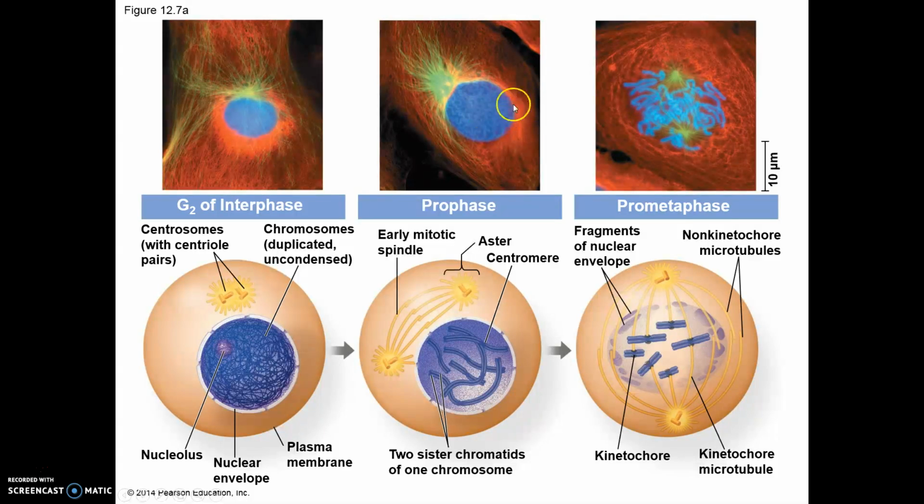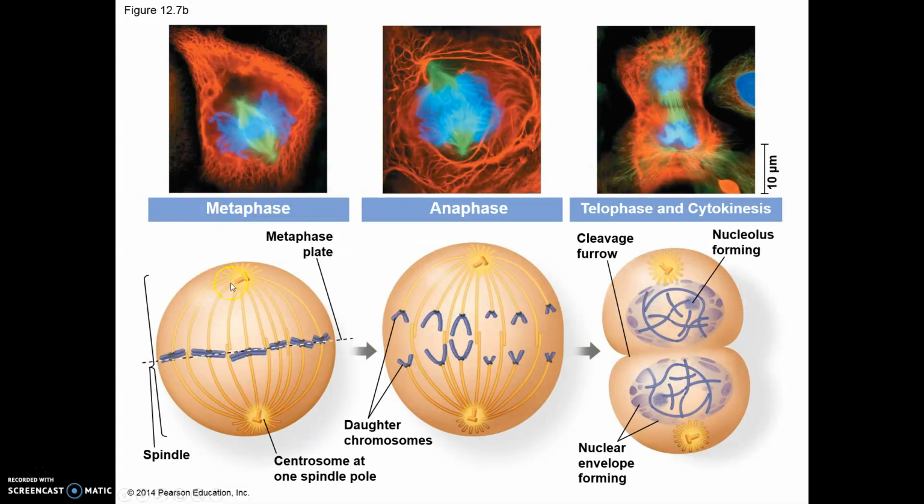Prometaphase, we have lost the nucleus and the DNA is moving closer towards the metaphase plate. When we have all of that DNA lined up in a single row, that is defined as metaphase.